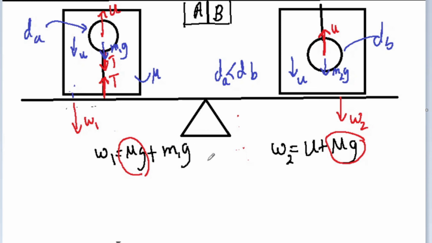And how do we compare these two forces? So look at this system. Both the upthrusts are the same in both systems, but in this system, the mass of the object is m1 and the weight is m1g. But this ball is held stationary due to a string and an extra force of tension. So as you can see, this upthrust is greater than m1g, which is why it's trying to move upwards, but it's held down by tension. So from this system, we can conclude that the upthrust is greater than m1g.